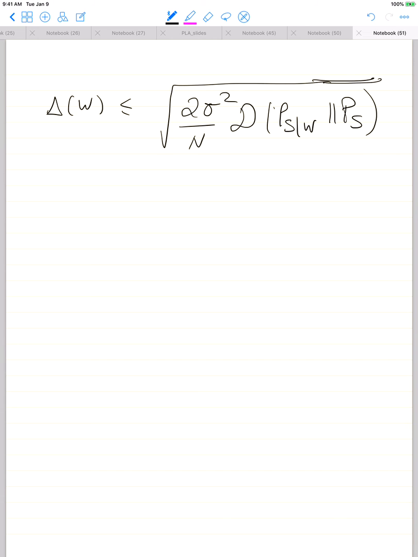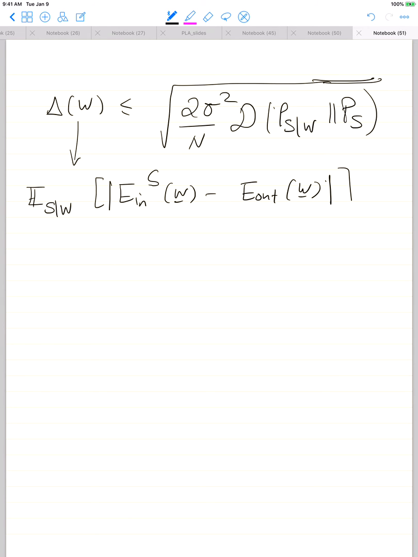Okay. So what we have here is the expected value of S given W, E in of S and W minus E out of W with the absolute value, right? So let's take the expectation now with respect to W on both sides.